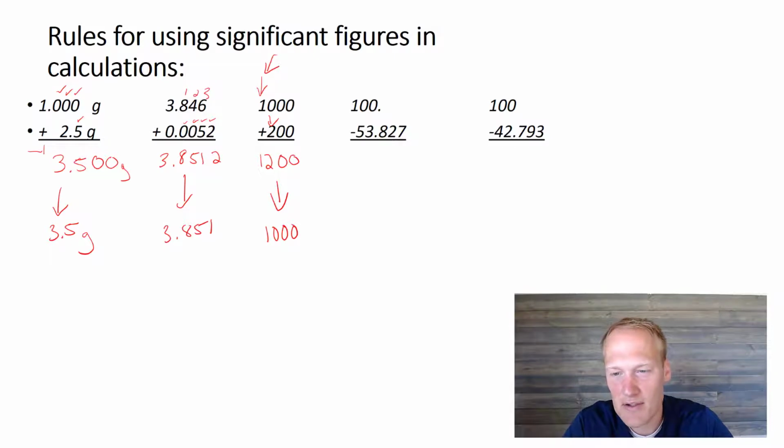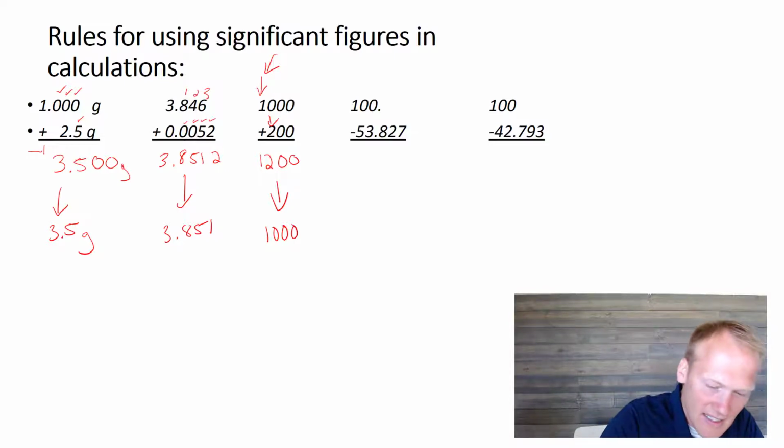We just added 200 to 1,000 and then we rounded back to 1,000. We can only be as precise as our least precise measure. Now, some of the scenarios we're going to be giving you, like that one, aren't going to really happen in real life all that often. We're really just trying to see, do you understand how to implement these rules?